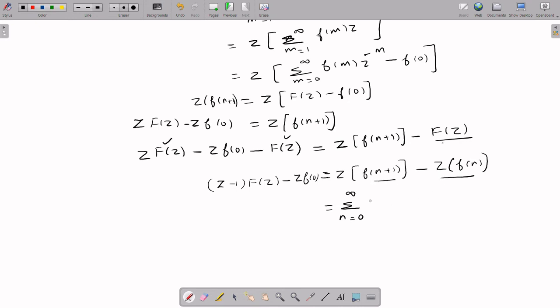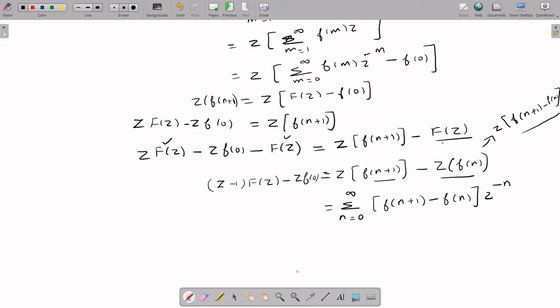So you can write this combined as summation n equals 0 to infinity of f of n plus 1 minus f of n, times z power minus n. Both terms are the Z transform of f of n plus 1 minus the Z transform of f of n. Since the Z transform is linear, you can write the Z transform of f of n plus 1 minus f of n this way, and for this you apply the definition.